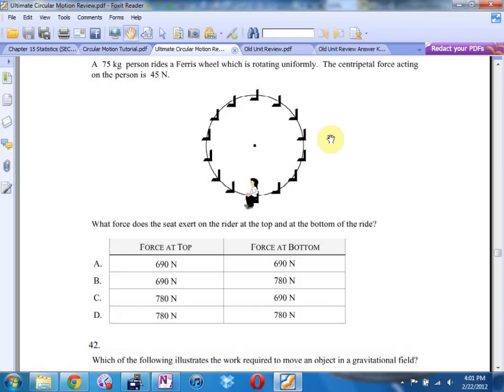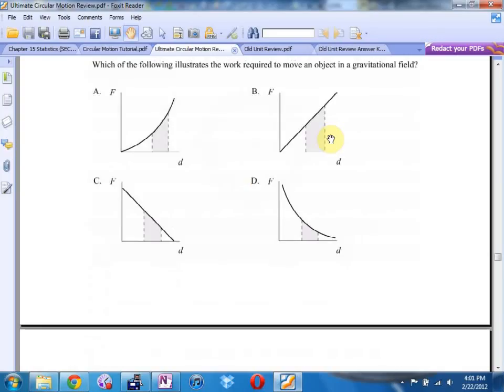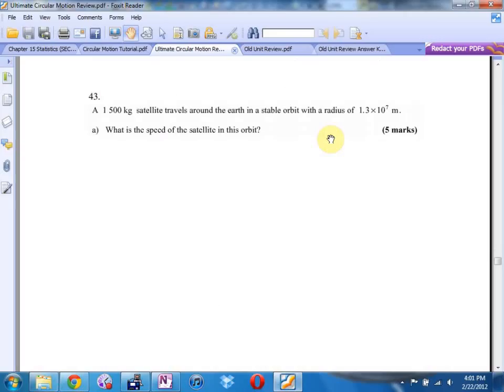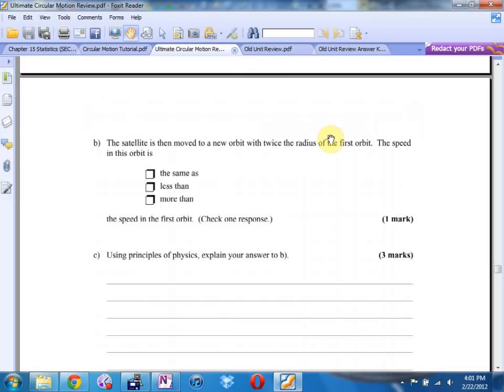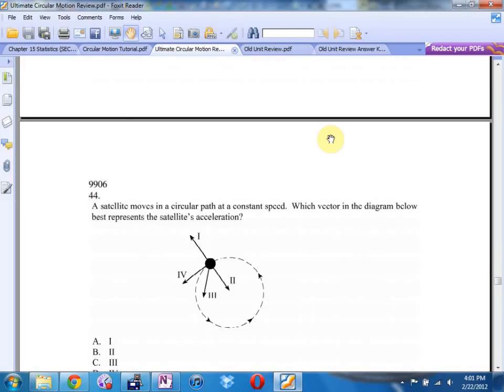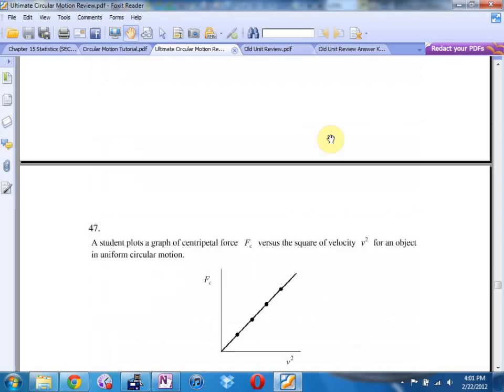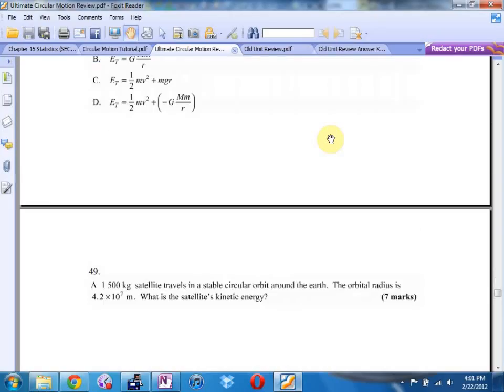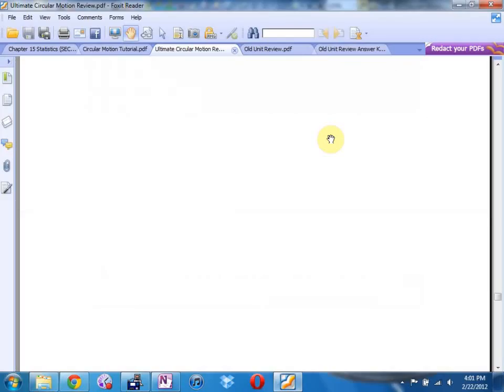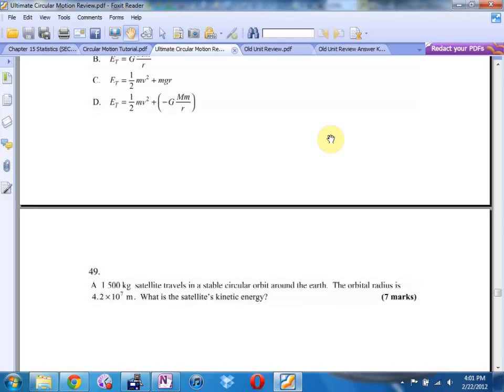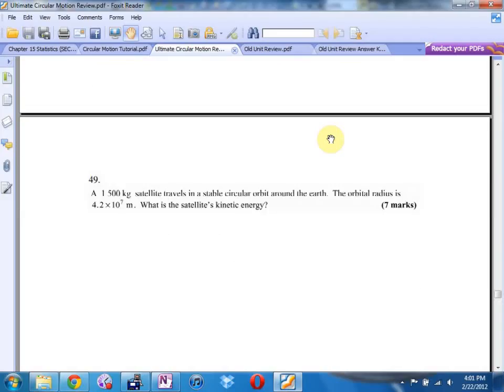I already said Ferris wheel, so 41. 43. 49. What does it want you to find in number 49 here? Kinetic energy. It's a half mv squared.